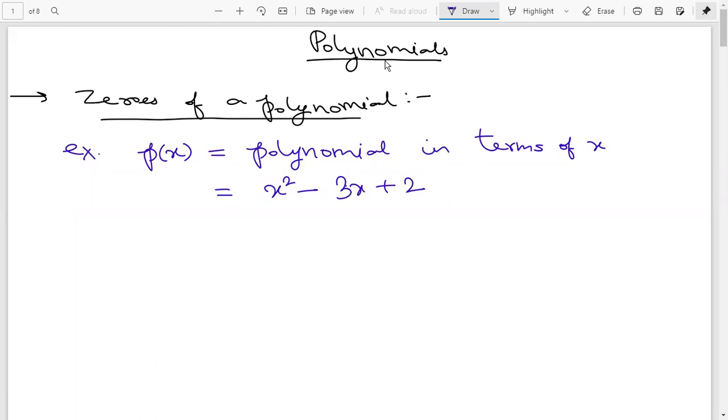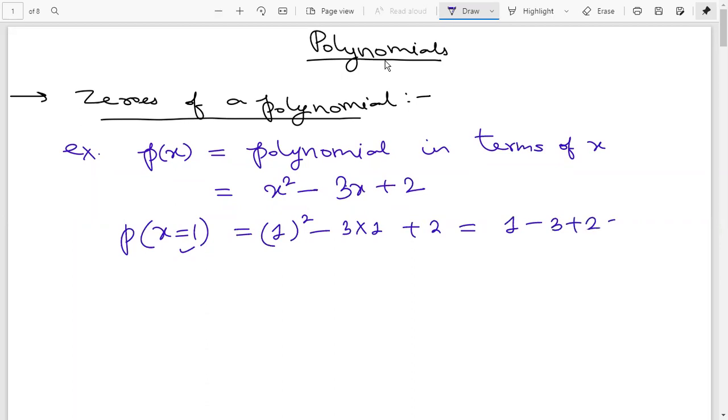Suppose we take x value 1 and put it in the equation. So 1 square minus 3 into 1 plus 2. What will be the value? 1 square is 1, minus 3, plus 2. That will be 0. Correct. That means if you take x equal to 1, our result is 0.